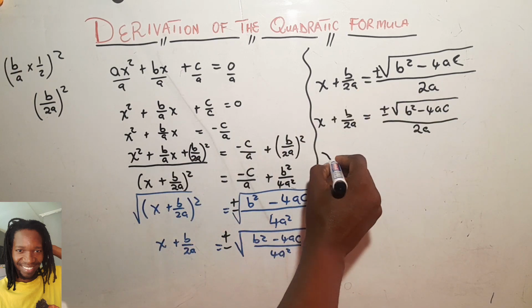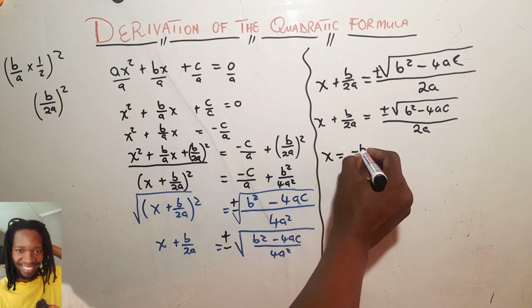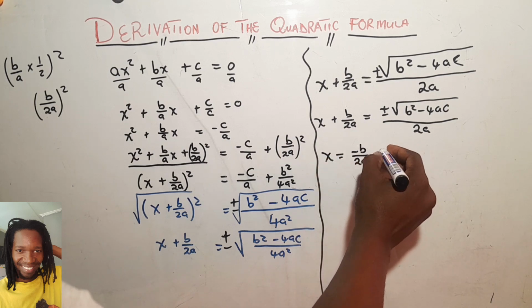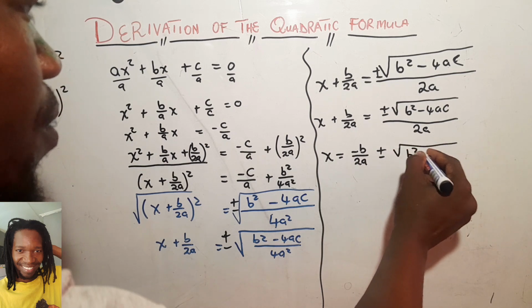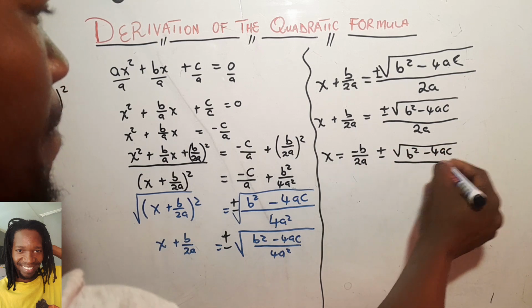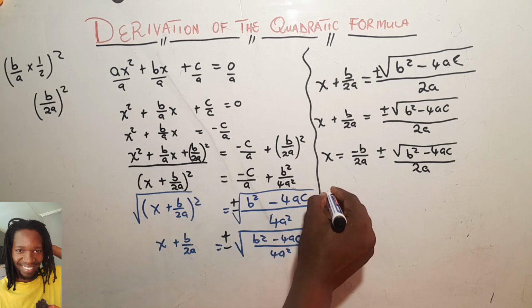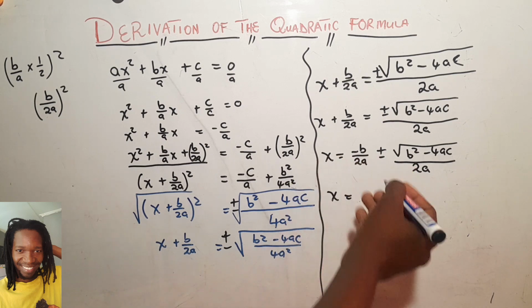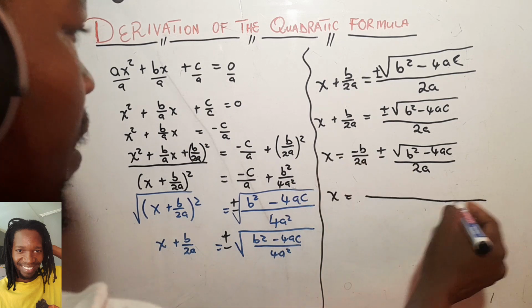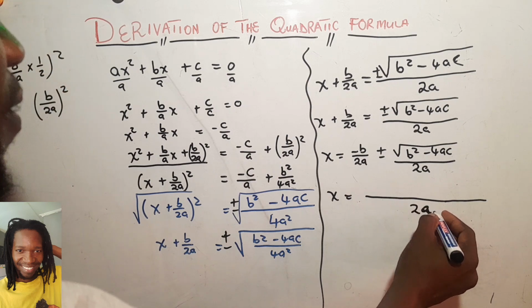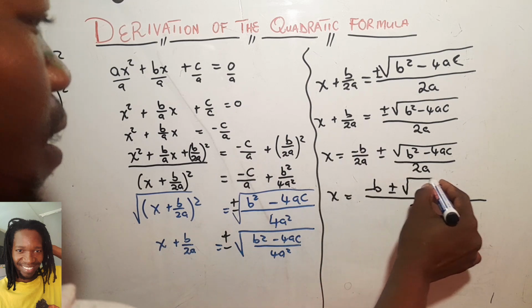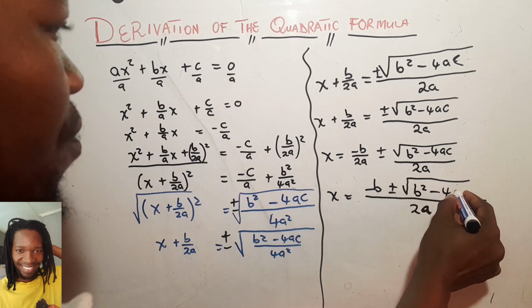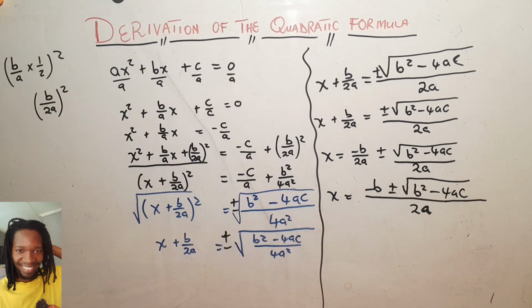Taking this to that other side, it means that our x becomes minus b over 2a, and then plus or minus the root of b squared minus 4ac all over 2a. And our x now becomes, since they have the same denominator, we can put them under the same denominator 2a. And this will be minus b, plus or minus the root of b squared minus 4ac. Wow, interesting. Nice, ne?